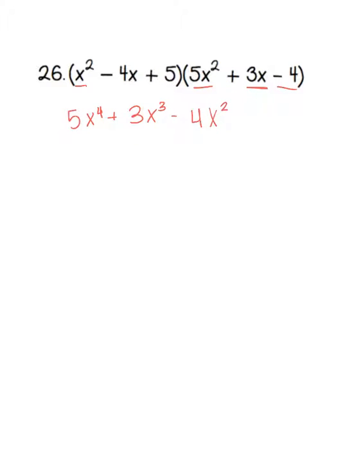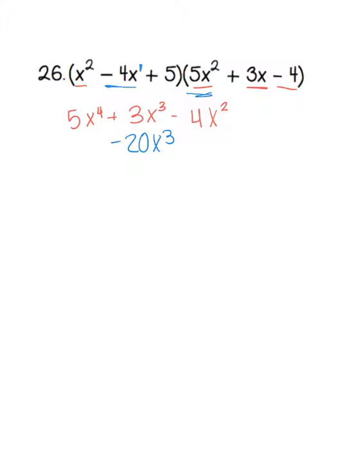Then I've got to multiply the second term in the first polynomial by each term in the second polynomial. So negative 4x times 5x squared is a negative 20x cubed, because I'm adding my exponents, so 1 plus 2 is 3.